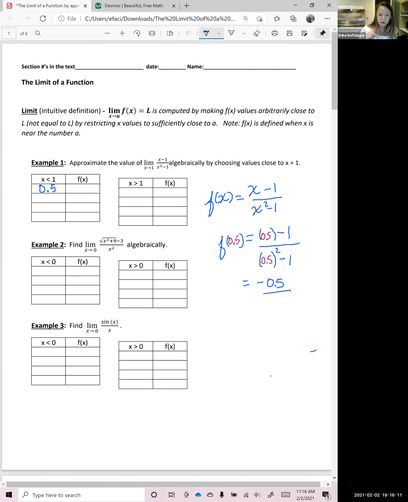So let's ignore the decimal for a second. 5 times 5 is 25, but where that decimal is tells me I've got to move it over twice. So this is the same thing as 0.25 minus 1. So this is equal to negative 0.5 all over negative 0.75.